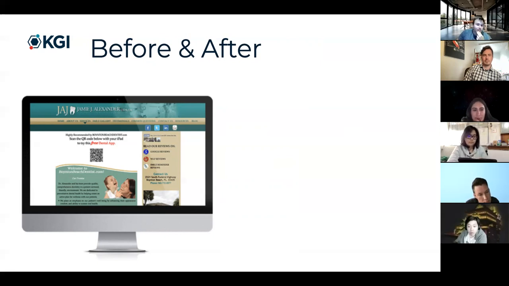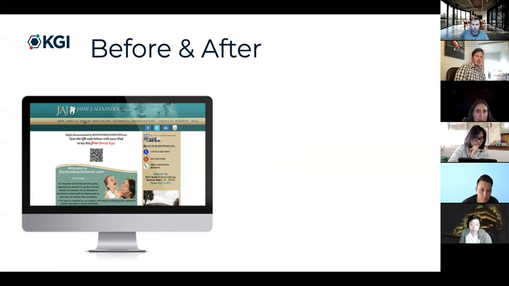Mm-hmm. That's a good one. Anything else? I feel like it just has too many things going on. It doesn't really follow the F or Z pattern. Yeah, exactly. The layout is a little bit garbled, and it doesn't lead the user towards any sort of call to action. You have to sort of look for that.